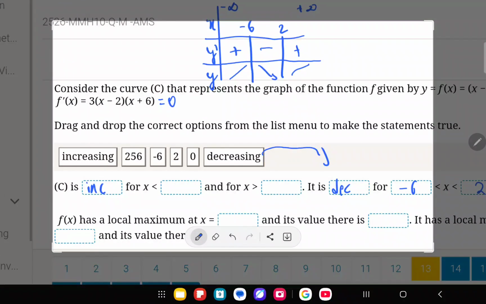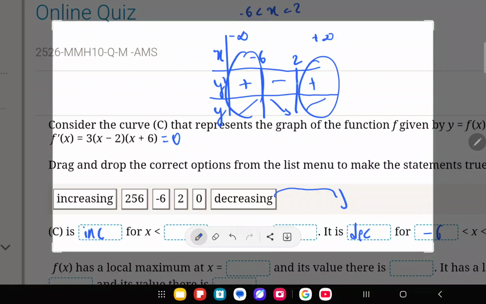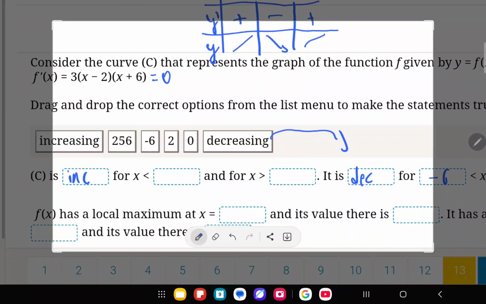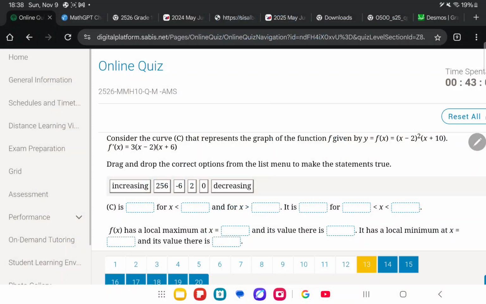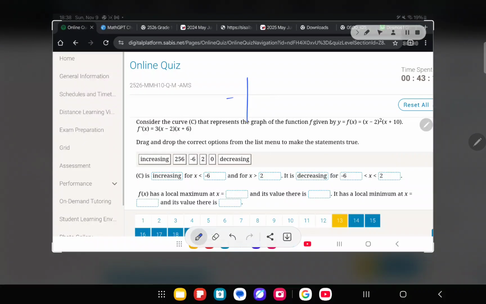Now over here is the opposite. It increases for the outer sides, for when x is less than -6 or when it's greater than 2. Okay, and now over here, on our table, I'll just quickly redraw it again. Over here, -6, 2.